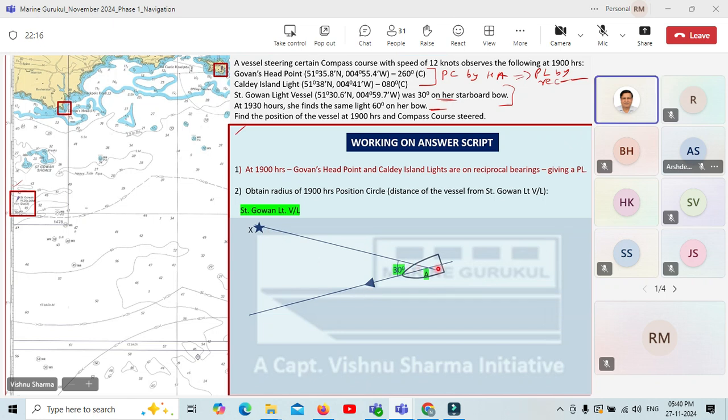After 30 minutes, that is 1930, Saint Govan is 60 degrees on the starboard bow. Let us say it reaches point B, where now it is 60 degrees on the starboard bow. Everybody's understood up to this point, guys? I've just plotted some CTS, which I do not know, but then it will be 30 degrees on the starboard bow and then 60 degrees on the starboard bow. Am I right, guys?